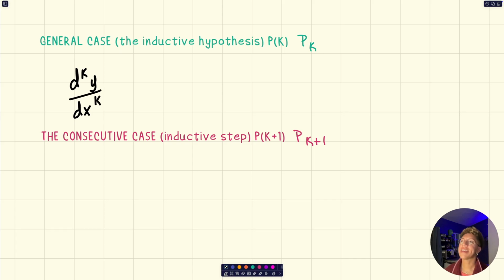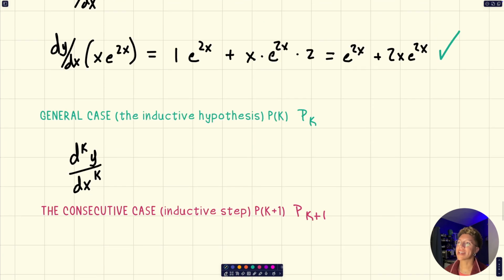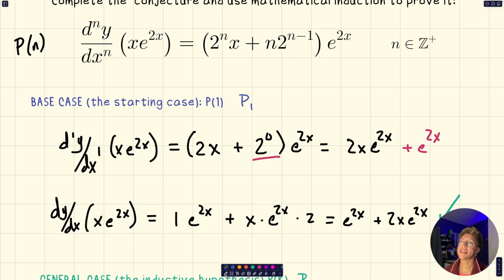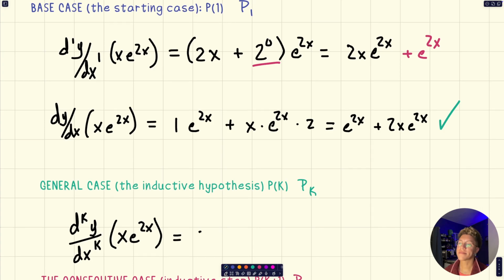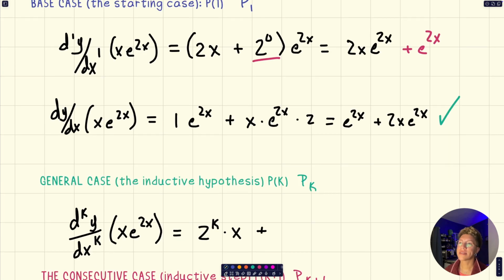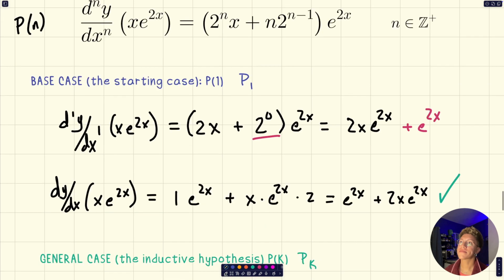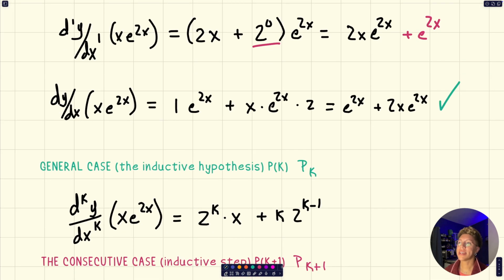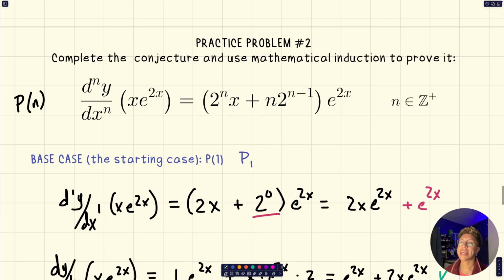So the kth derivative of our function x e to the 2x, according to this proposition, is that it should be 2 to the k x plus k 2 to the k minus 1, and then all of this is multiplied by e to the 2x.